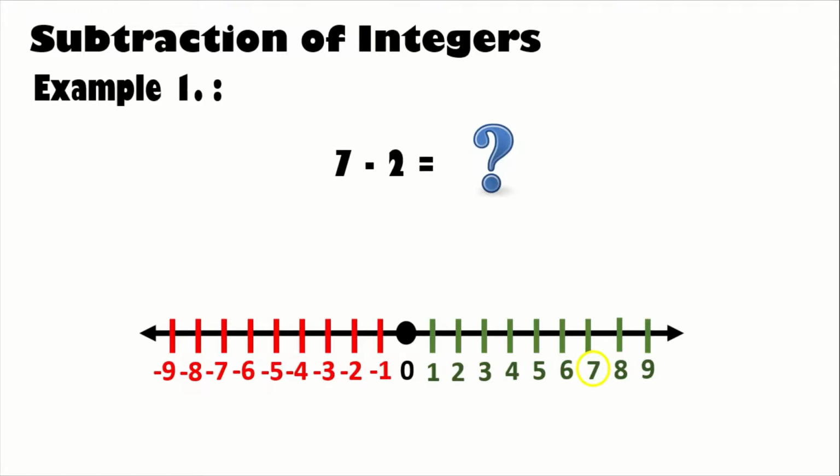So our counting will be backwards, from right to left. So 1, 2. So the answer will be positive 5 because we have a larger number of 7, which is positive, right? This is one of our rules. So do not be confused.